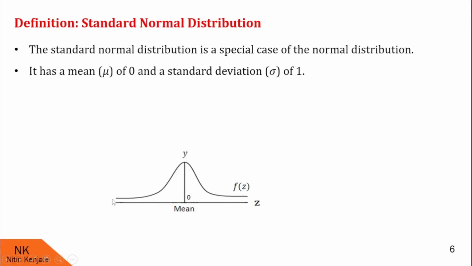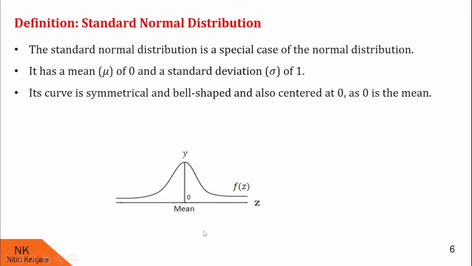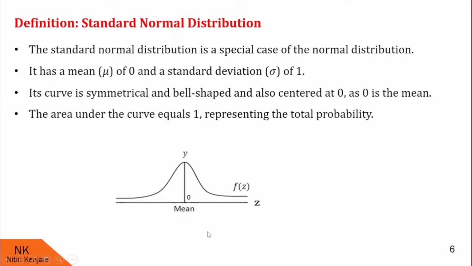You can clearly see in the graph of standard normal distribution, this probability mass function creates a bell-shaped curve and its peak is at the mean, where mean is 0 and standard deviation is 1. Clearly, this curve is symmetrical, bell-shaped and also centered at 0, as 0 is the mean. The area under the curve again equals 1 and represents the total probability.